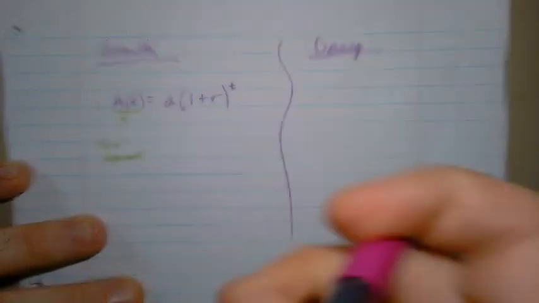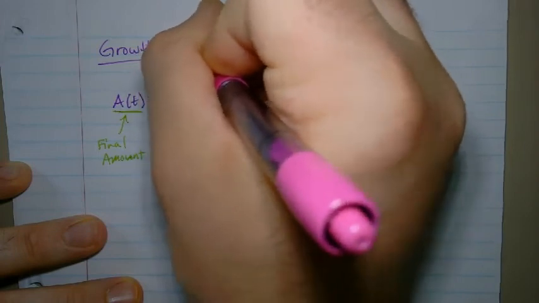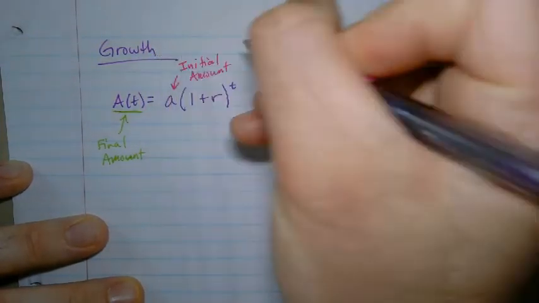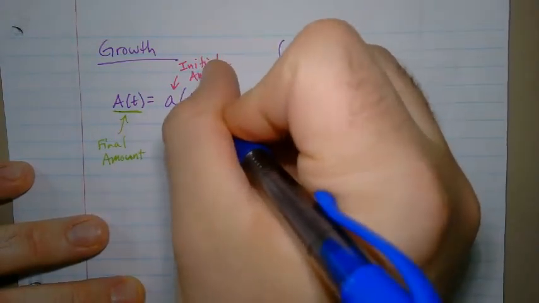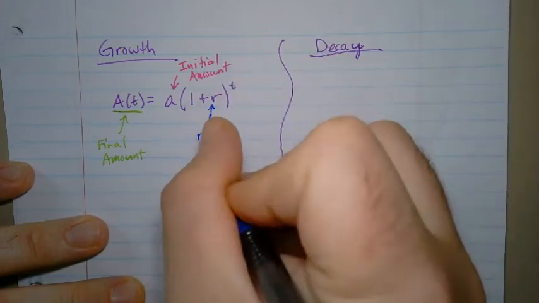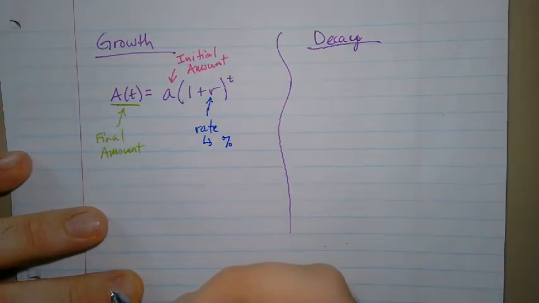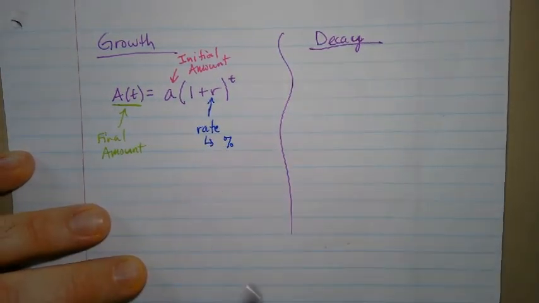The A up there, that little a, stands for your initial amount. This is how I started. How much did I have at the beginning? My initial amount. Okay. The 1 plus r. Now the r is coming from what we call the rate. And the rate is almost always given as a percentage. I want to talk about that in a second, but let's also talk about what t is.